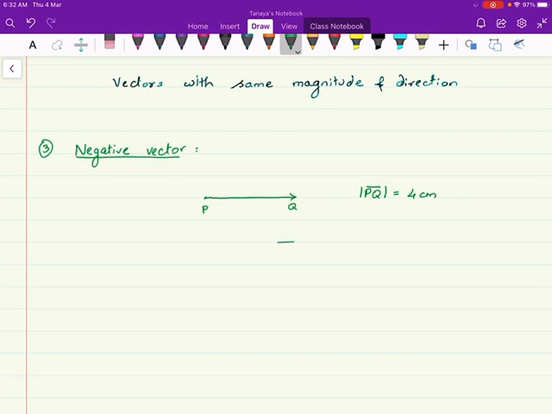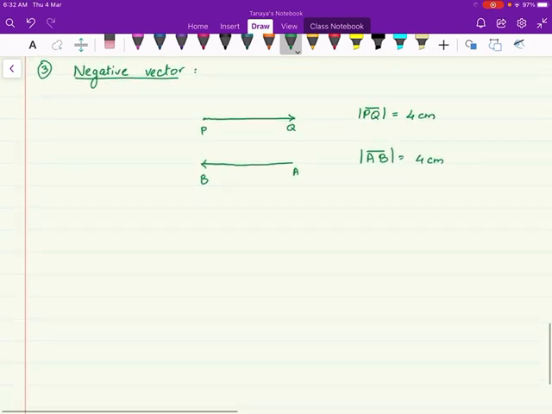Another vector AB bar is in the opposite direction and magnitude of AB bar is also 4 centimeter, right? So magnitude is the same, but direction is opposite.